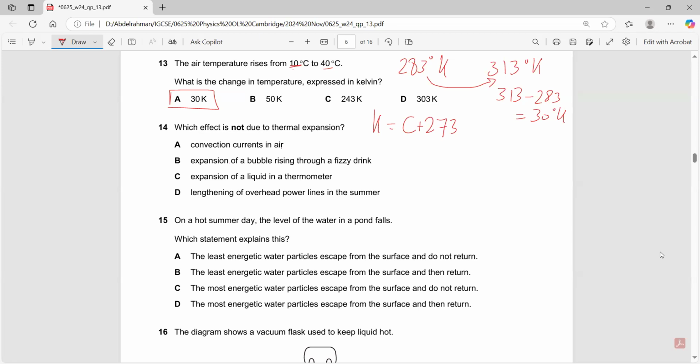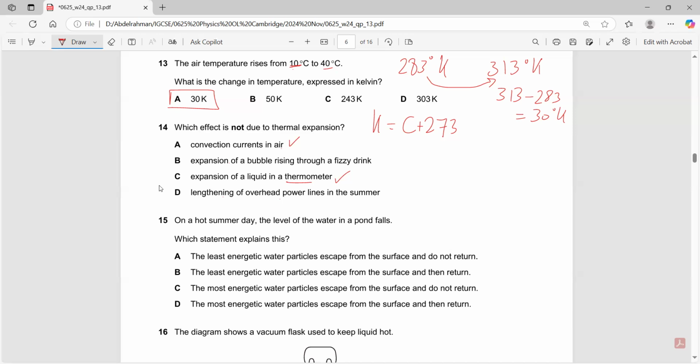Expansion of a liquid in a thermometer. Yes, when the liquid expands, it expands due to the heat. So this is due to thermal expansion. Lengthening of an overhead power line in the summer. Does the length increase due to the heat?